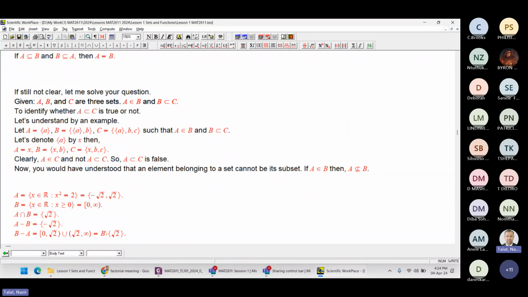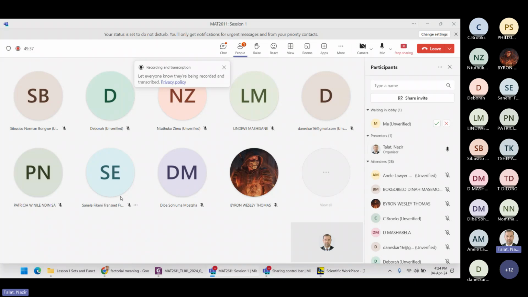The union of two sets is a set, the intersection of two sets is a set. So one can take a union or intersection of those sets. For instance, if we compute A union B, we have to notice that in this way we obtain a set, like square root 2 is also part of B, but minus square root 2 is not part of that set.